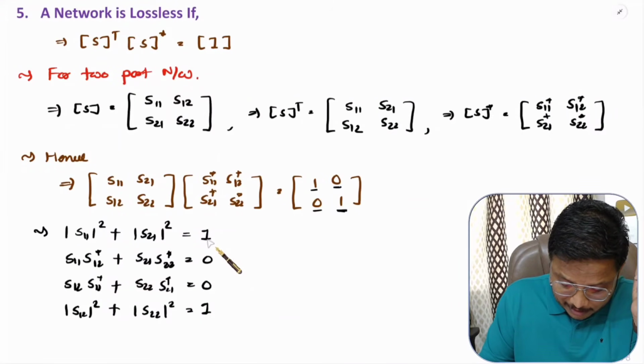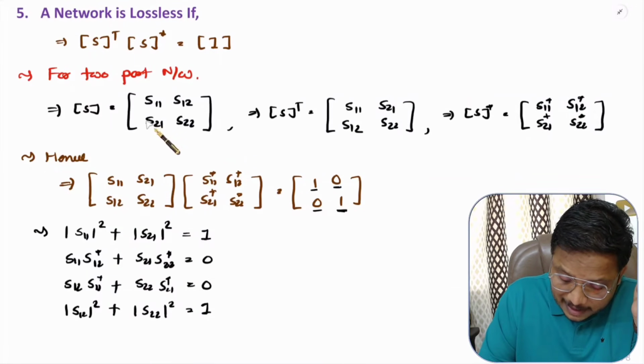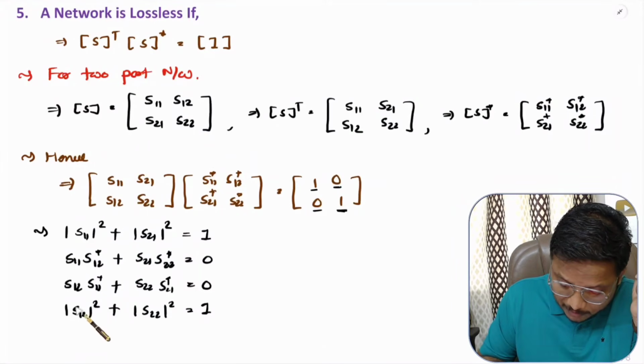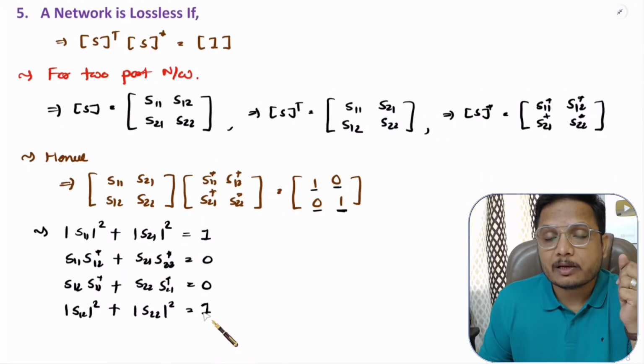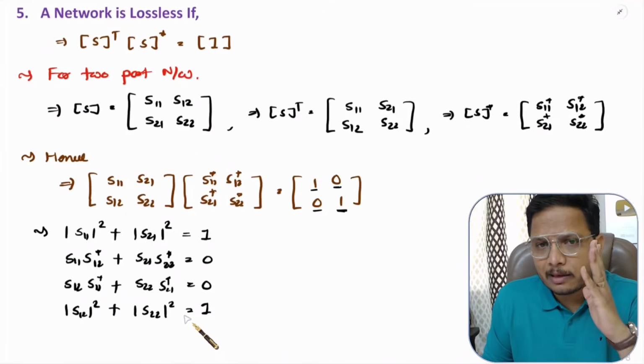And if you observe the second row, that is S21 square plus S22 square, that is also equal to 1. So in general you can define this.